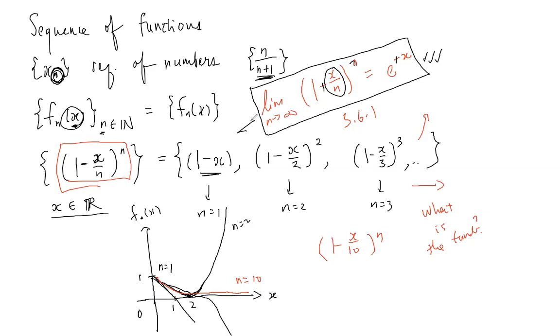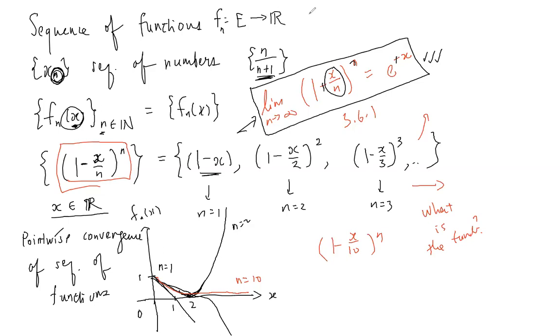All right. So when we do something like this, we call this pointwise convergence of a sequence of functions. I say that let E be a non-empty subset of R. A sequence of functions is basically a function f_n that maps elements in E to the set of real values.